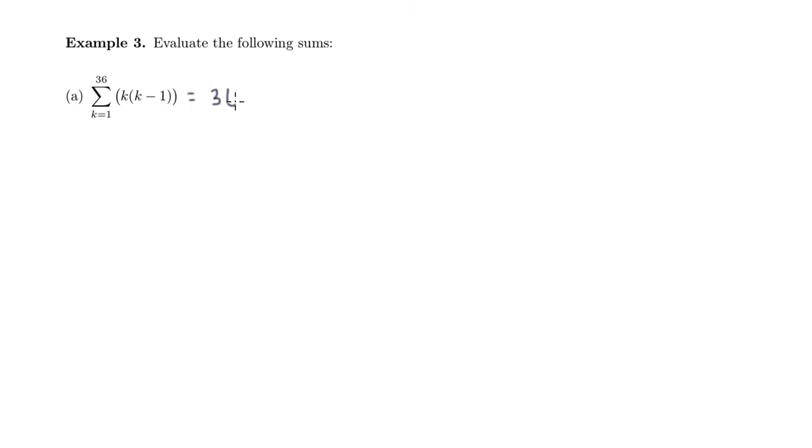So this is 36 times 35 plus 35 times 34 plus all the way 3 times 2 plus 2 times 1. And so, you could sit there with the calculator and do it, but let's just use the formulas that we know.